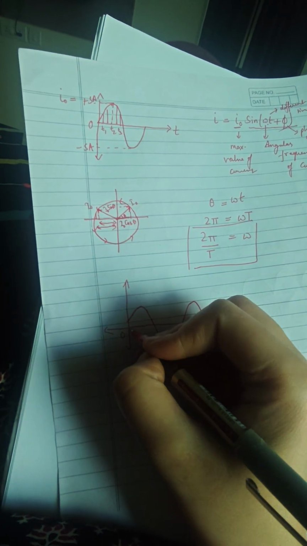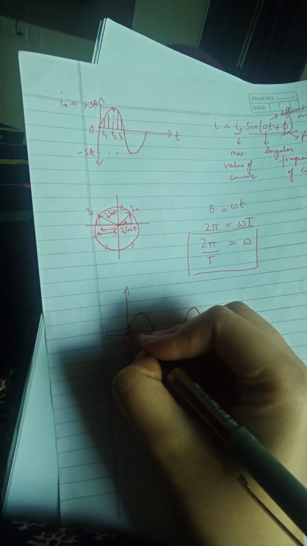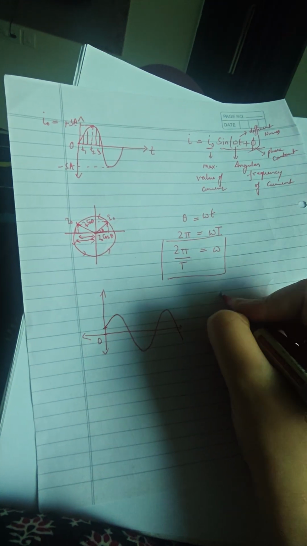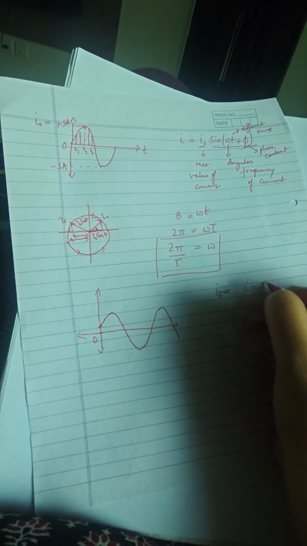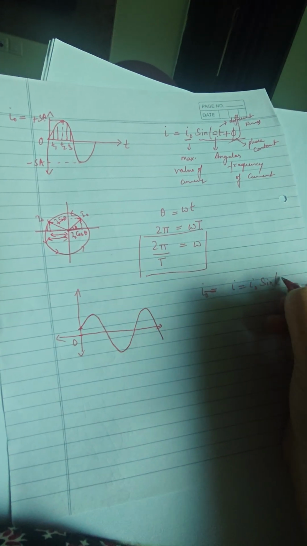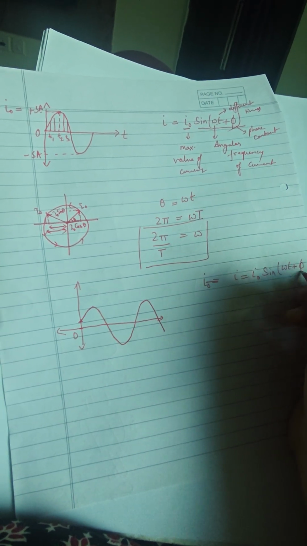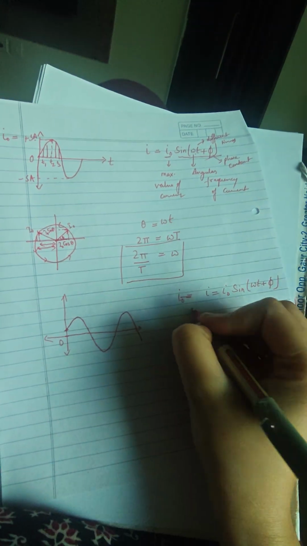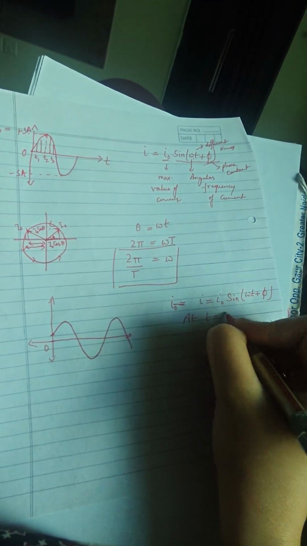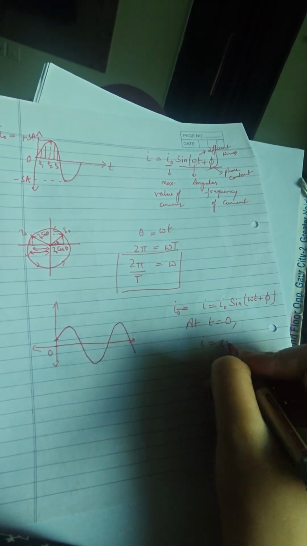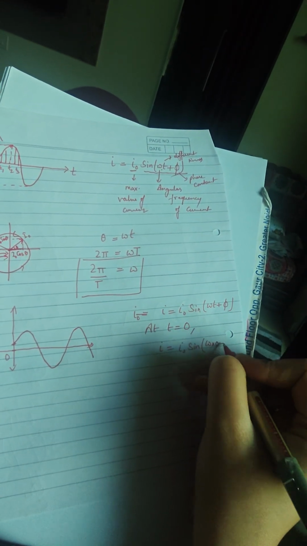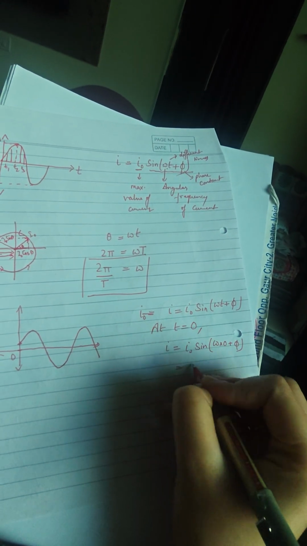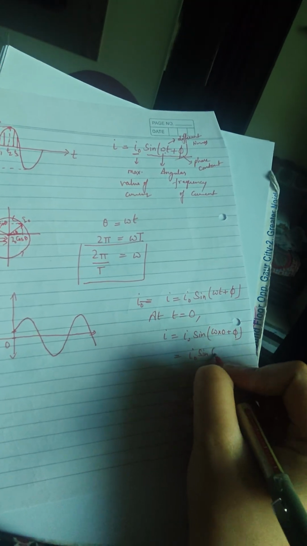Yes, so you can see that at t equal to 0, current is neither having the maximum value nor the minimum value. Like I is equal to I naught sine omega t plus phi, if I say this is the function. So at t equal to 0, I is equal to I naught sine omega into 0 plus phi. So it gives me I naught sine phi.